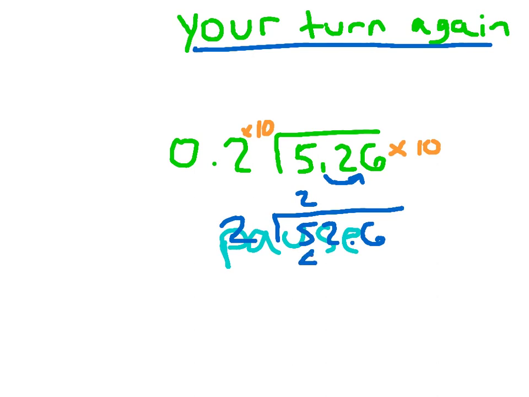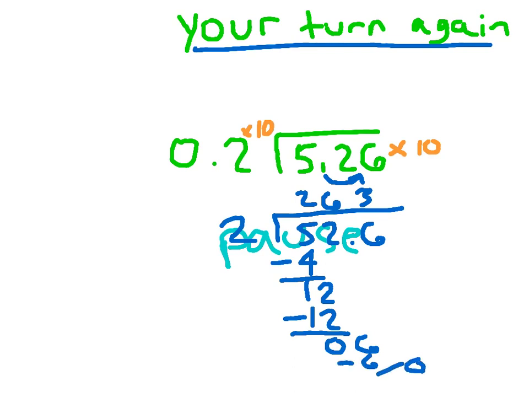2 goes into 5 2 whole times. 2 times 2 is 4. 5 minus 4 is 1. Bring down the 2. 12 divided by 2 is 6. 6 times 2 is 12. 12 minus 12 is 0. Bring down the 6. 6 divided by 2 is 3. 3 times 2 is 6, and 6 minus 6 is 0. Decimal point comes straight up because I'm dividing by a whole number. There's only one decimal place there.